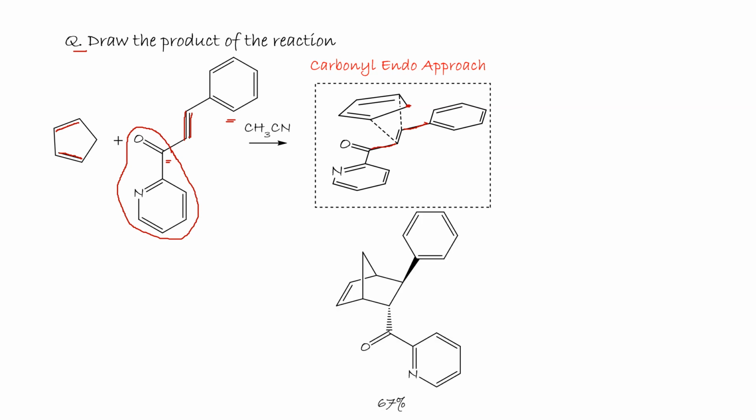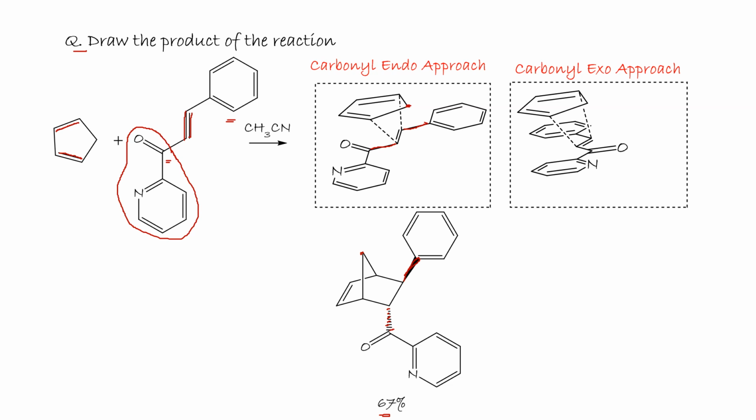Now let's see how it looks like. This is up, this is exo up, this endo down, and the yield here is 67%.